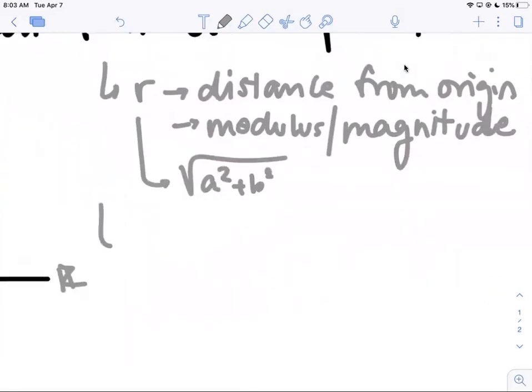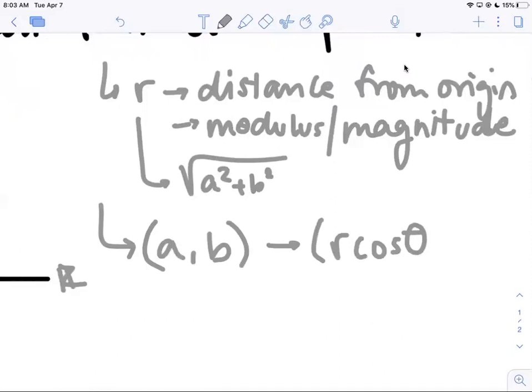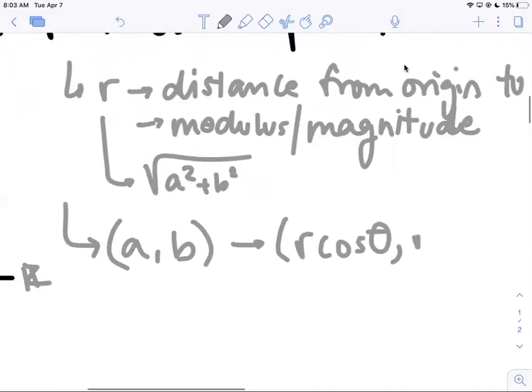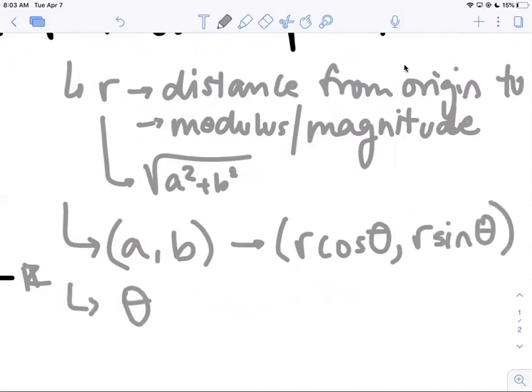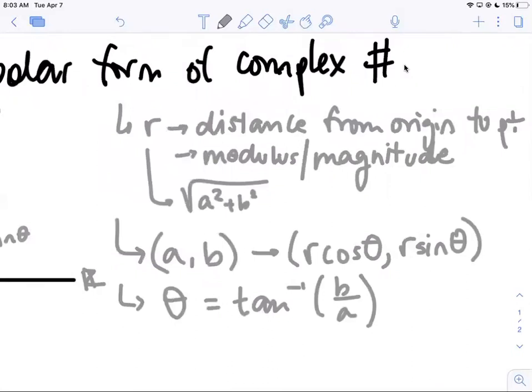And a is the same thing as r cos theta because your x's and your cos go together, and then b is r sine theta because y and sine go together. And then last but not least, we could find our direction angle by itself by doing inverse tangent of y over x, or b over a. So those are the things that we're remembering from polar coordinates.